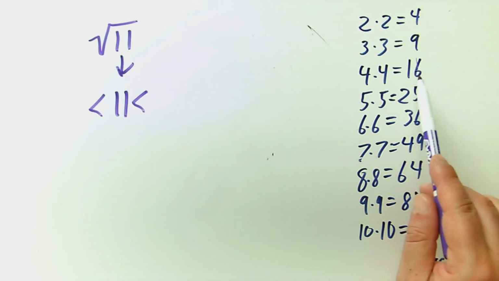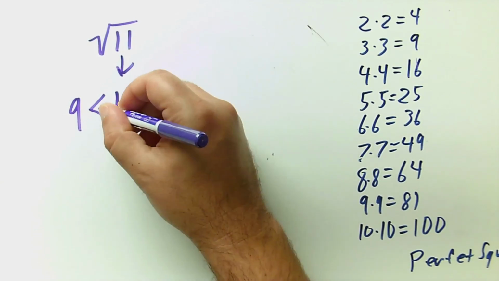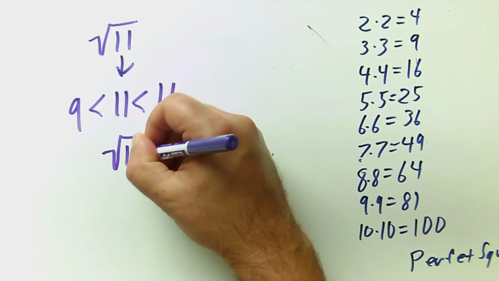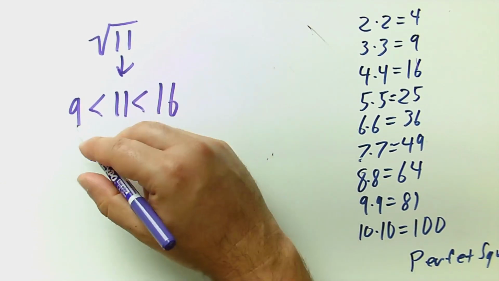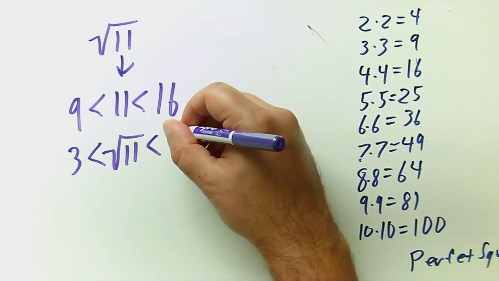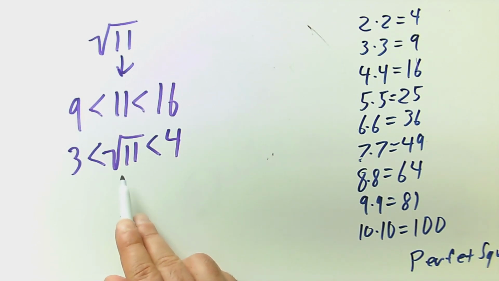It's right between here, 9 and 16. We'll take the square root of all three of these numbers. Square root of 9 is 3. Square root of 16 is 4. So we know it's between 3 and 4, but we want to find the closest whole number.